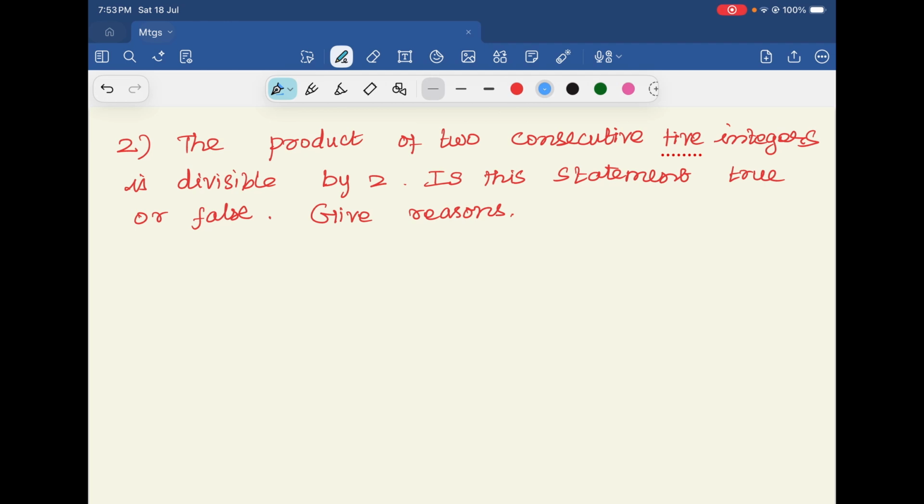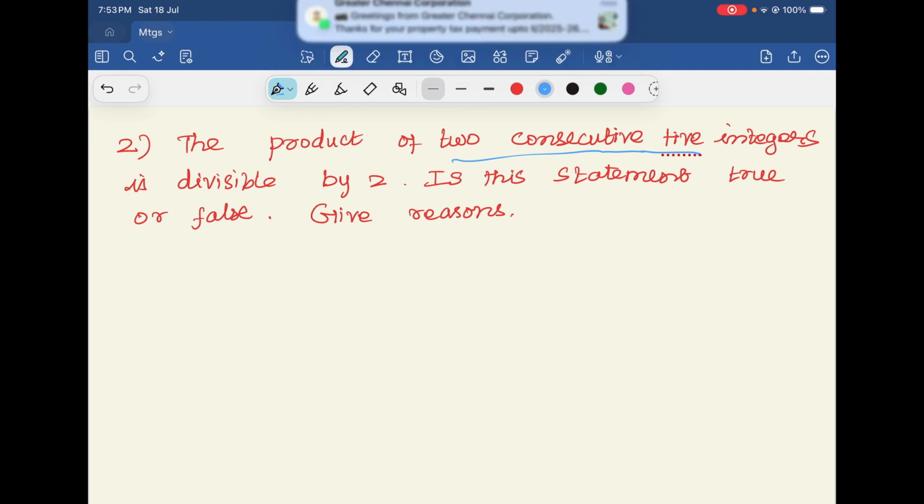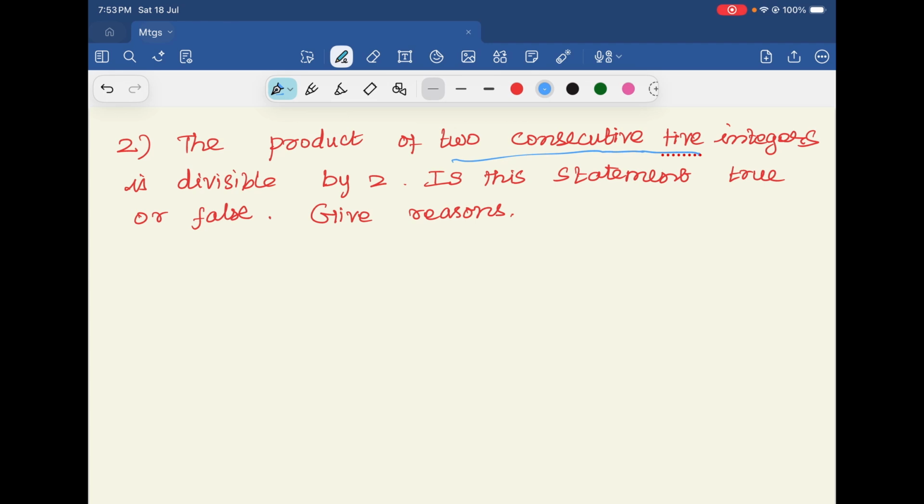For example, we can take the product of two consecutive integers, 3 and 4, where the first is odd and the second is even. Then next 4 and 5.